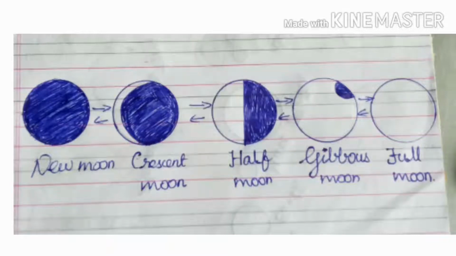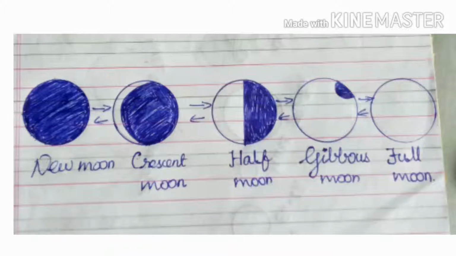I repeat this, children. New moon or no moon, crescent moon, half moon, gibbous moon and full moon. These are the different phases of the moon.